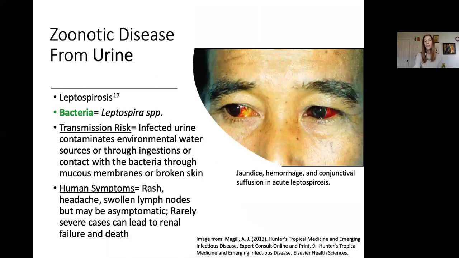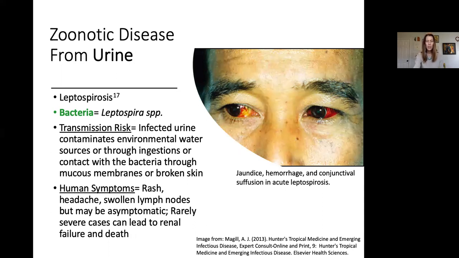Zoonotic disease transmission can also come from infected urine. So this is a threat when it comes to leptospirosis. Contact can occur if an animal-assisted therapy program allows for any kind of accidents, any accidents that are not cleaned up right away or that aren't cleaned according to the environmental hygiene standards of the facility.